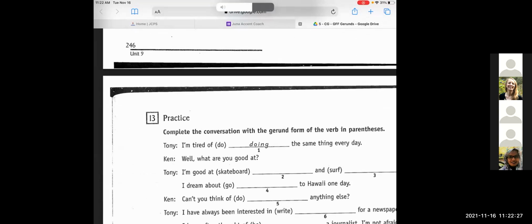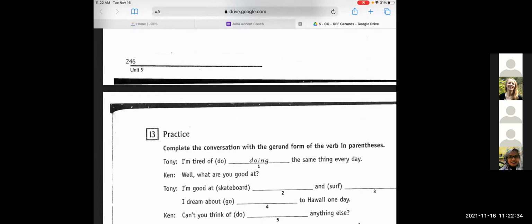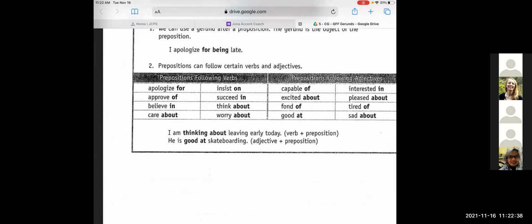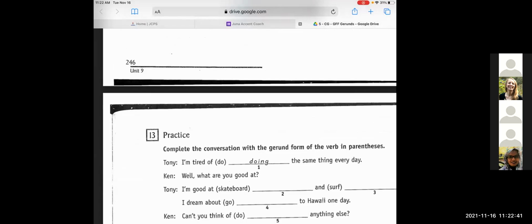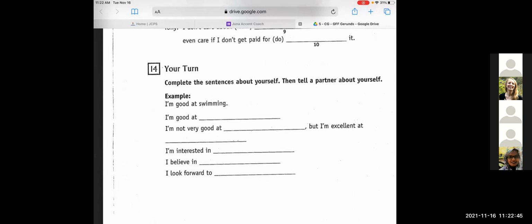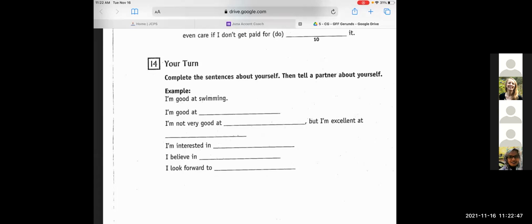There's no time, so just speak about 14. Complete the sentence for yourself. Tell the partner about yourself. I am good at learning new things. Take one sentence each.